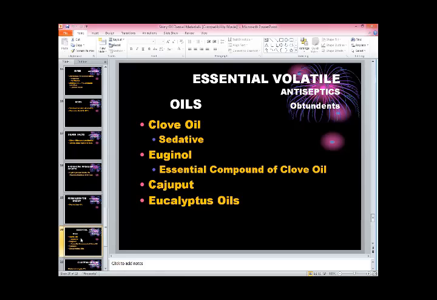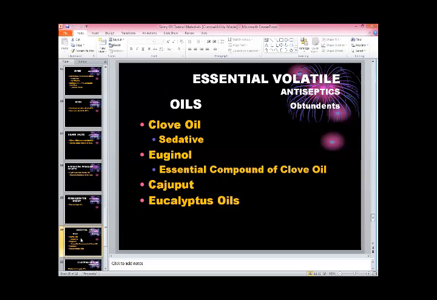That eugenol is a very effective pain reliever and a very effective antiseptic, and we mix it with zinc oxide to get a very effective cement for dentistry. Your dental clinic is not complete if you do not have zinc oxide eugenol in the clinic.